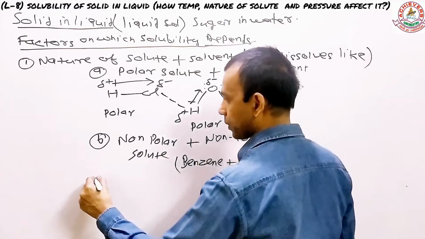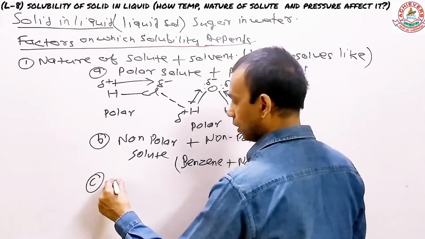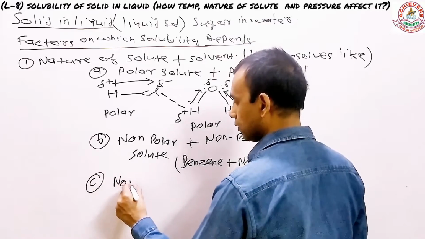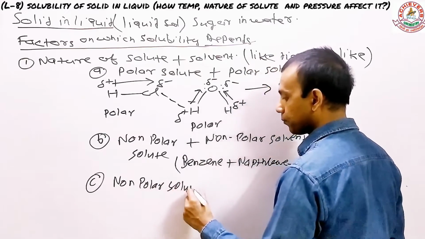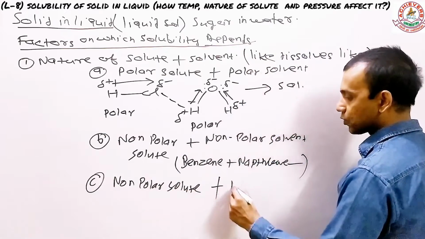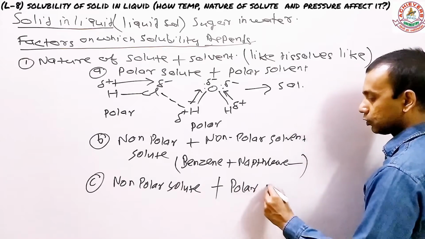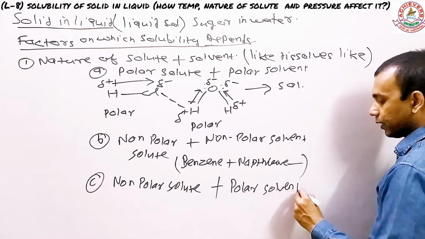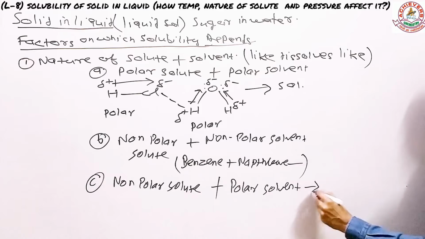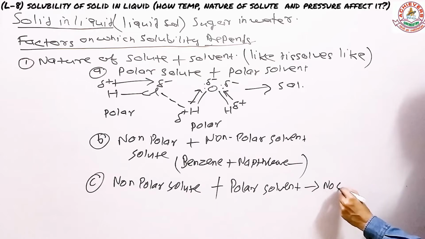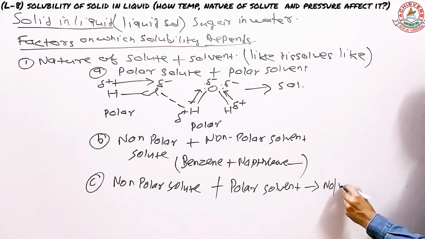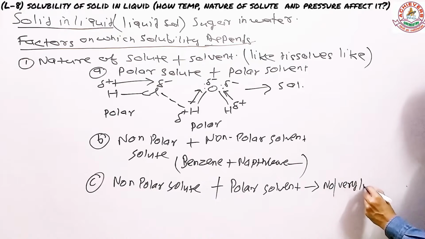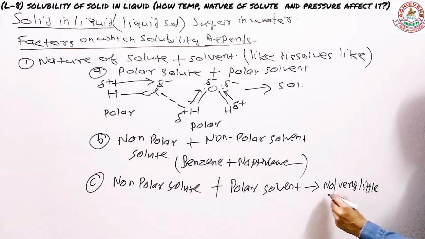Let's take the next one. Which is a non-polar solute plus a polar solvent. What happened in this case? No solubility, or a very small, or very little solubility, right?